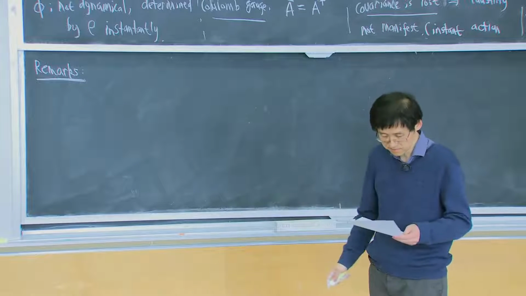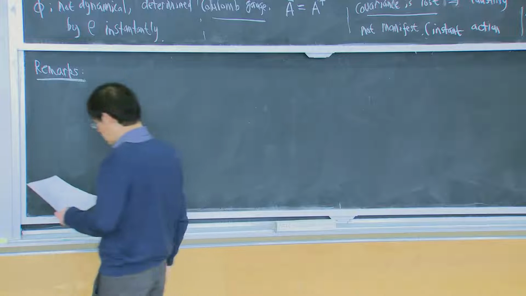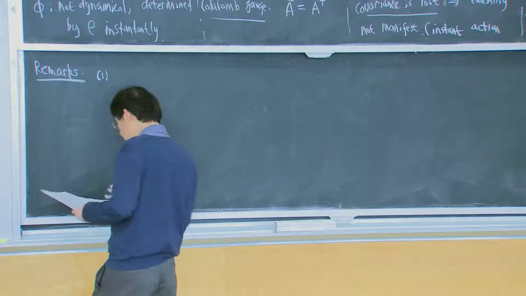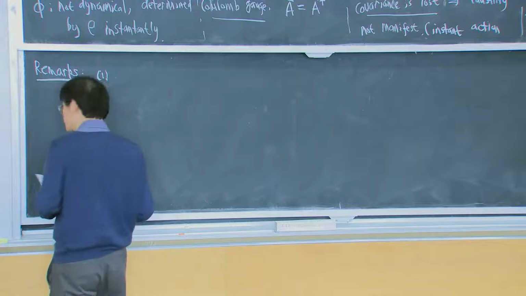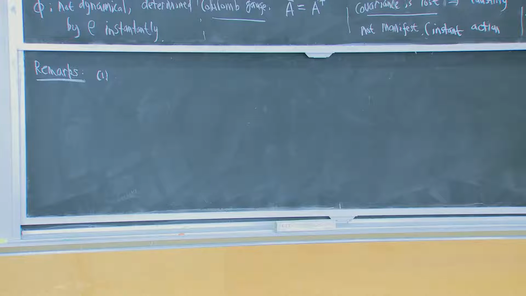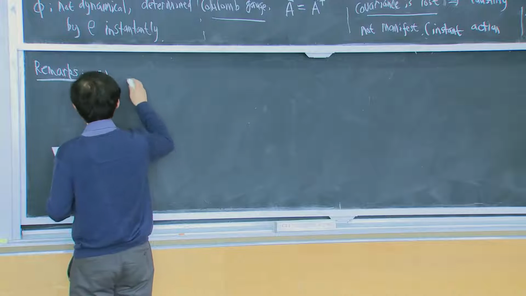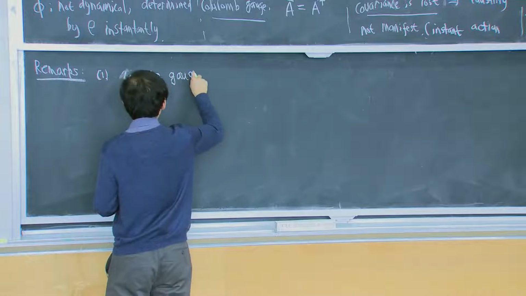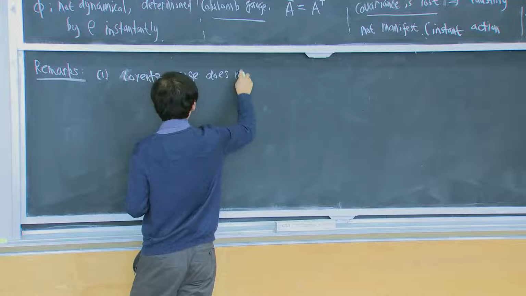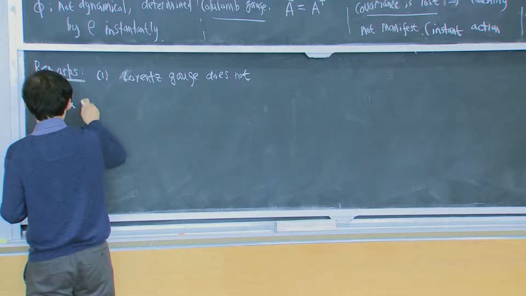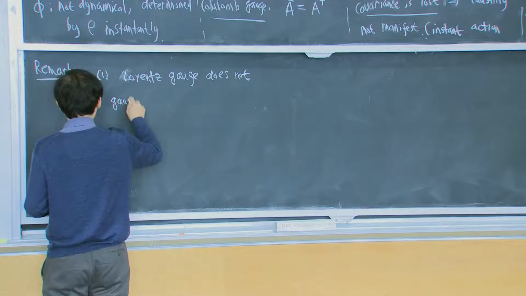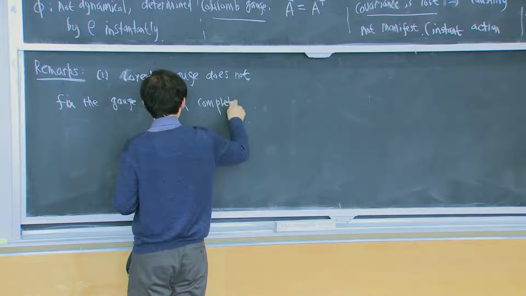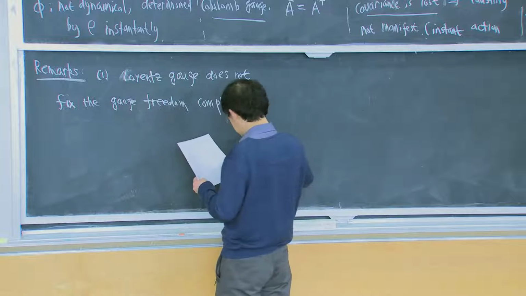But the Lorentz gauge also suffers from a little inconvenience, because it does not fix the gauge freedom completely. So there's still some residual gauge symmetry left.